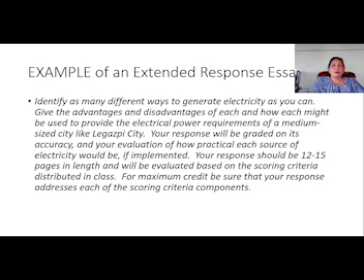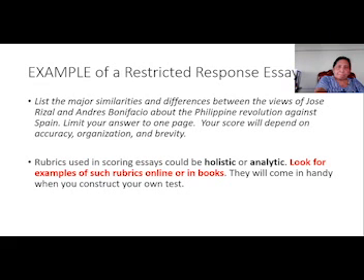They should know what they are graded upon in their essay. Maybe you can discuss this orally with the students before giving them the essay to write. So this is an example of an extended response essay.